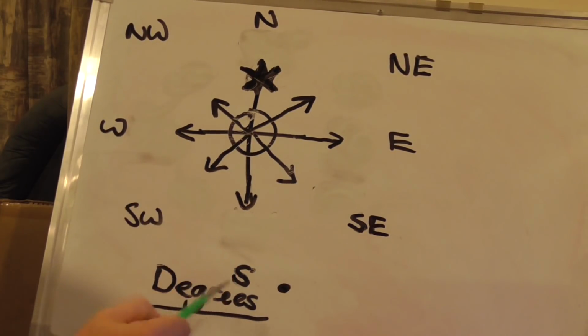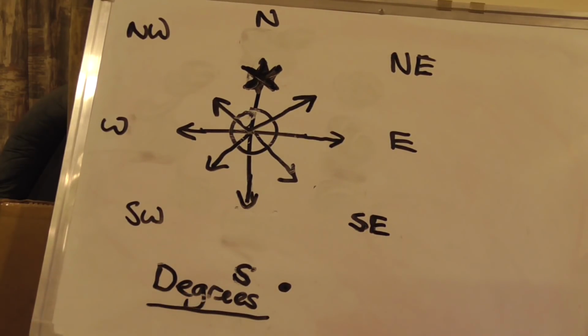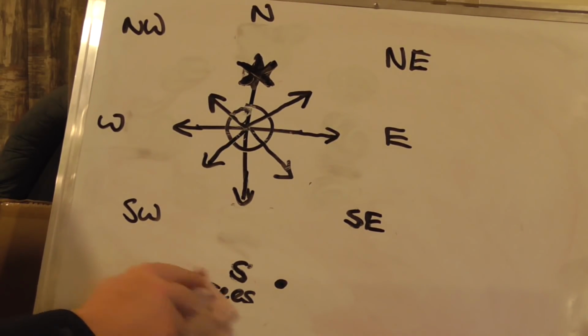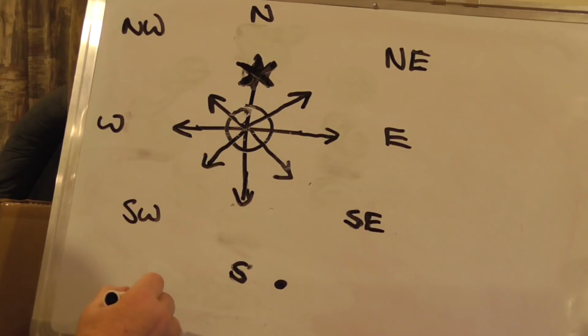And there's obviously other defence forces out there that use degrees. The other one that's used, and you would have seen that on my other compass, is what we call mils.